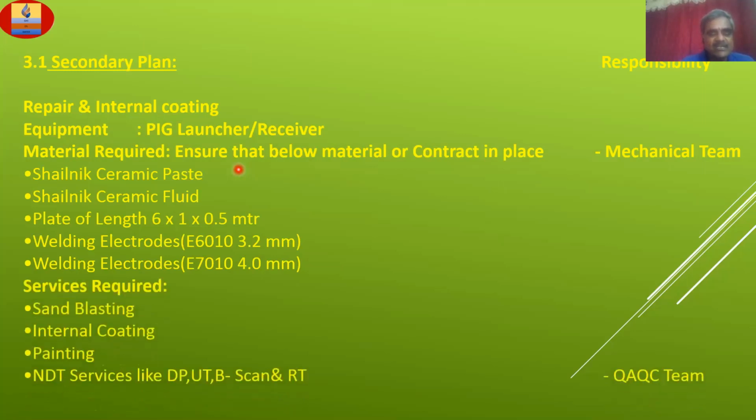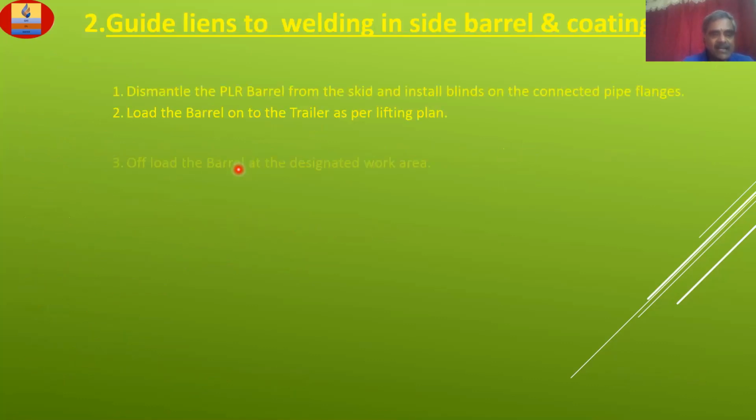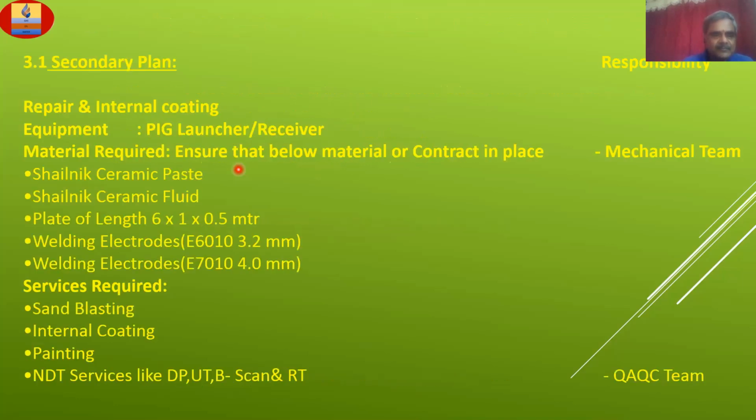Welding electrodes 6013, 7010 for carbon steel lines. Services required: sandblasting, painting, NDT services.